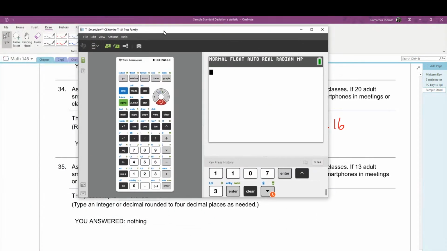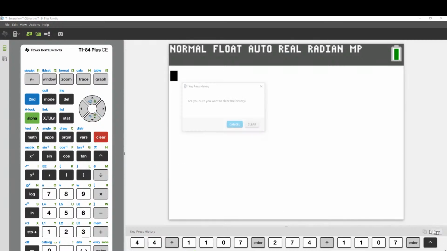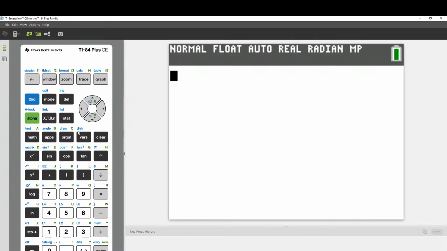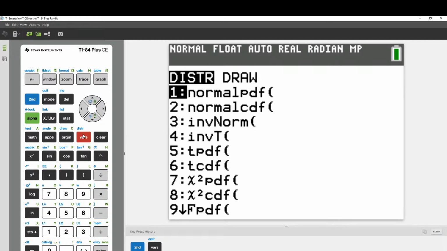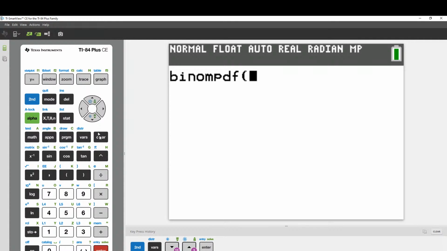So on our calculator, I'm going to show you where it is, clear out everything. It's going to be under distribute. So second, distribute, and you're going to go all the way down to Binomial Pdf. This is the one we use when it's exact amount. And if you're not sure what parameters to put in, because it accepts three things: the trials, the probability, and the x.